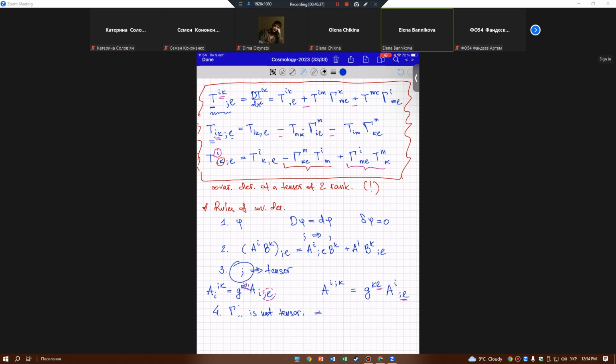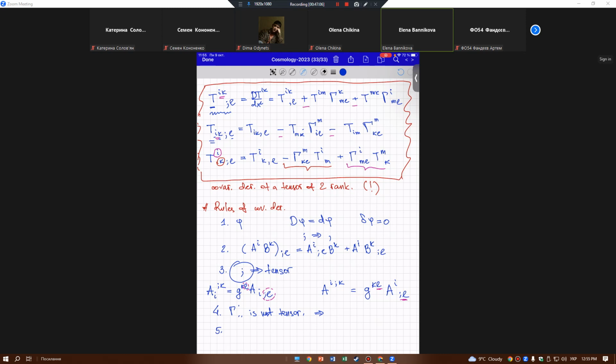And to remark that the Christoffel symbol behaves like a tensor only for linear transformation, because we have the second derivative, as you remember, for the Christoffel symbols, and for a linear transformation it makes a zero.